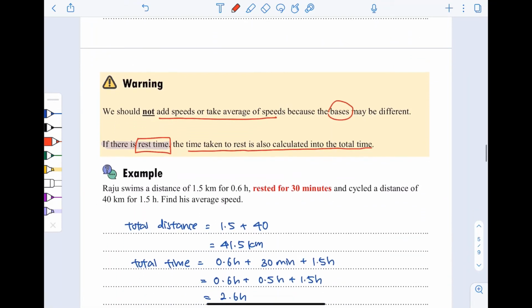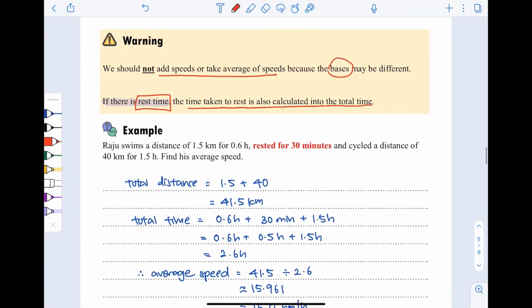So if I give you an example, which I adjusted from your Practice Now 18, we have a swimming distance of 1.5 kilometers for 0.6 hours, and he took a rest for 30 minutes before he continued to cycle a distance of 40 kilometers for 1.5 hours.